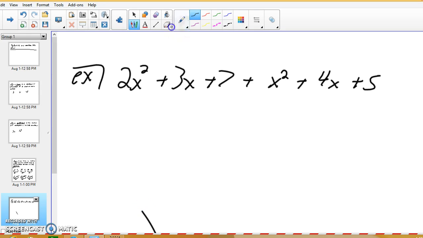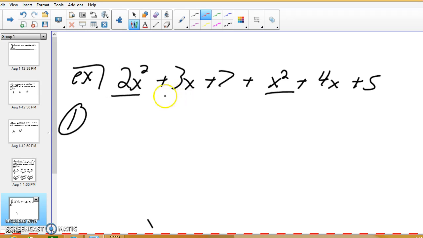Well, the first step is to identify like terms. So what are the like terms in this expression? Our like terms are 2x squared and x squared, because they have the same variable raised to the same power.